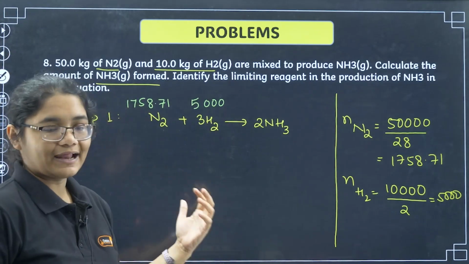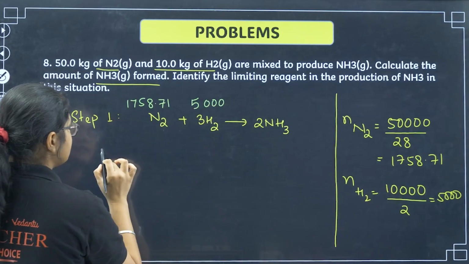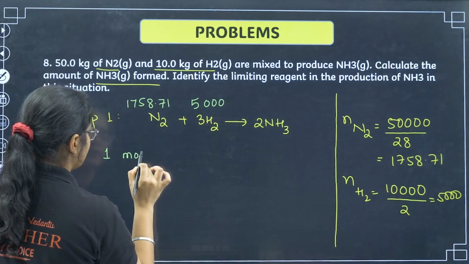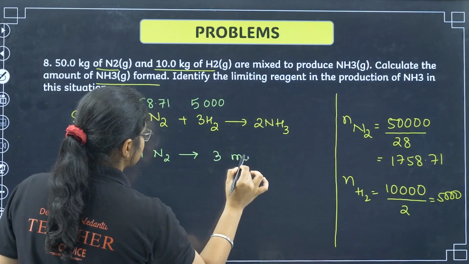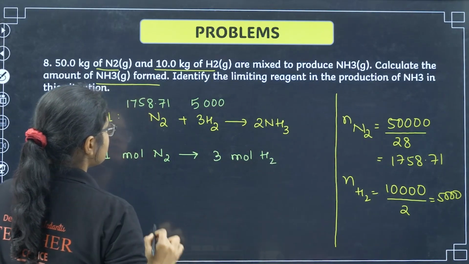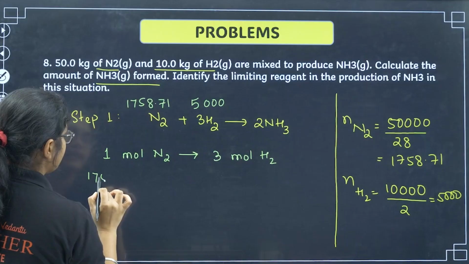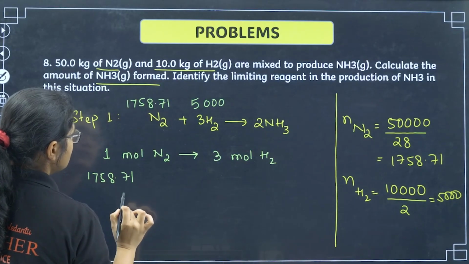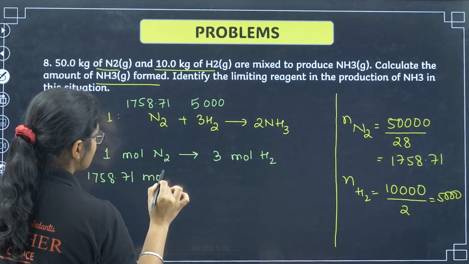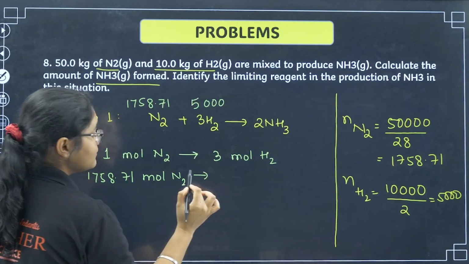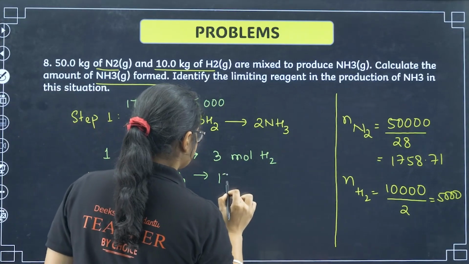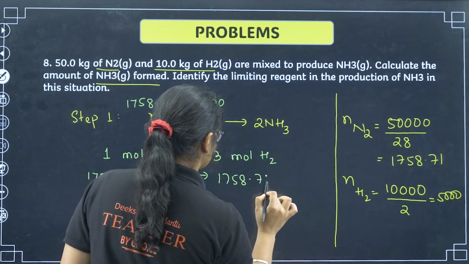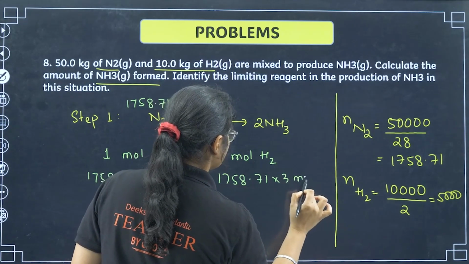Now what calculation can we do? According to this balanced reaction, 1 mole of N2 is reacting with 3 moles of H2. Then 1758.71 moles of N2 will react with how many moles of H2? 1 mole is reacting with 3 moles, so 1758.71 into 3 moles of H2.